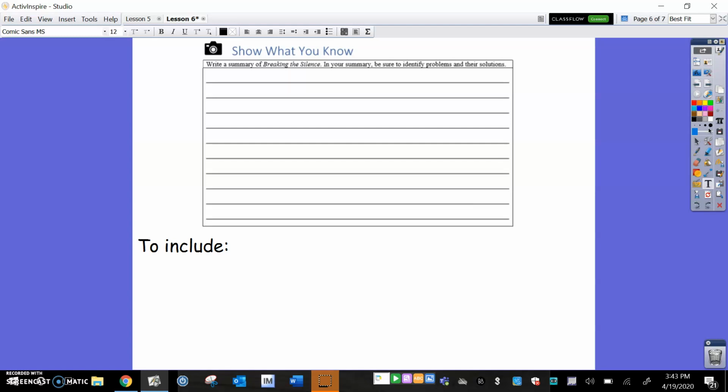In your summary, be sure to identify the problem and their solutions. Something you have to remember to include is transition words, because they're really important with this problem and solution so that you know this is my issue, this is how it's going to be solved.